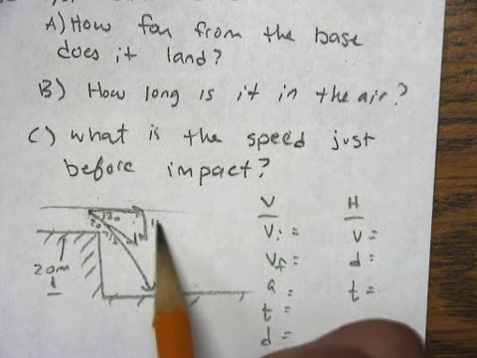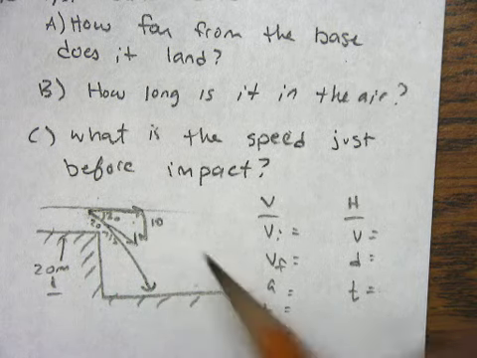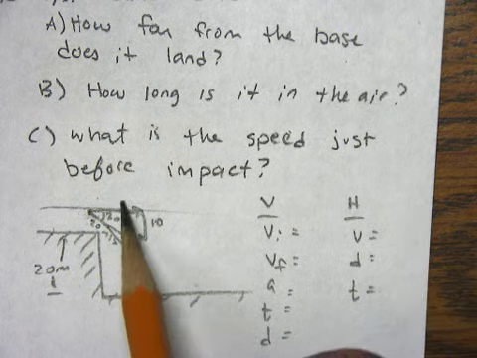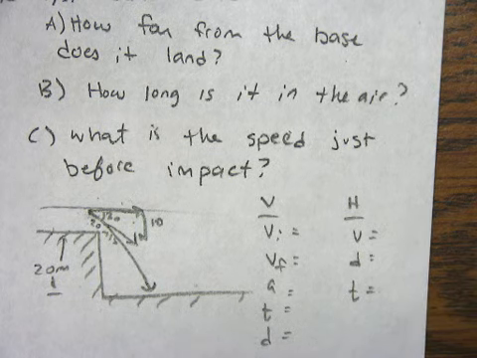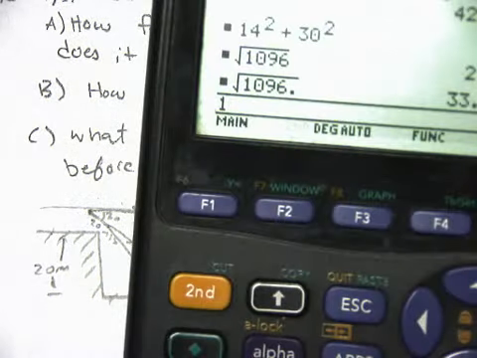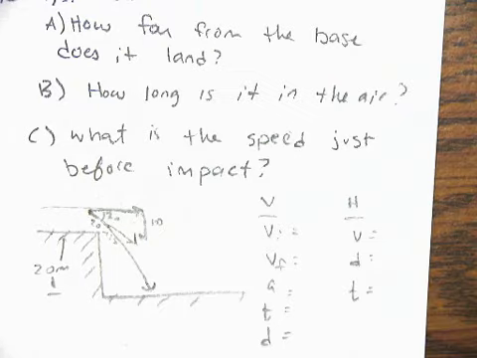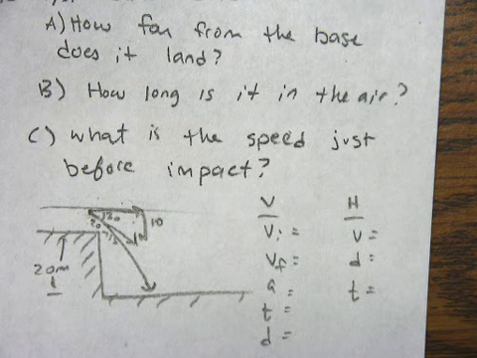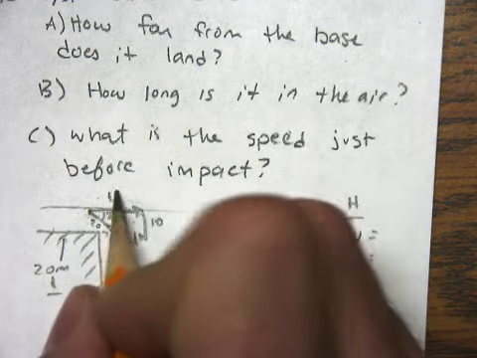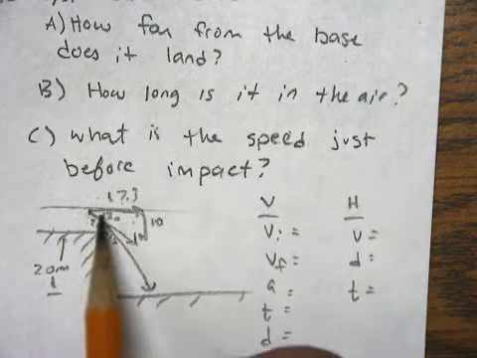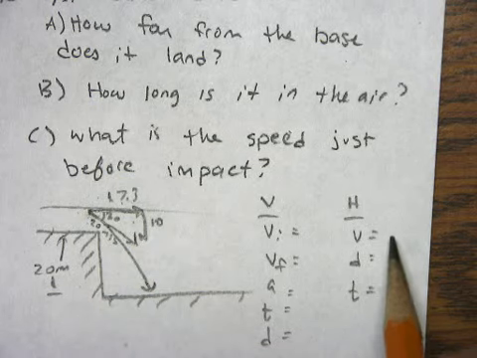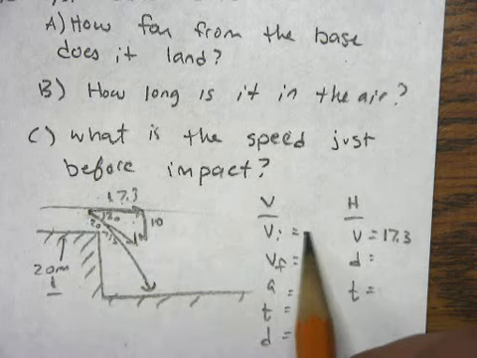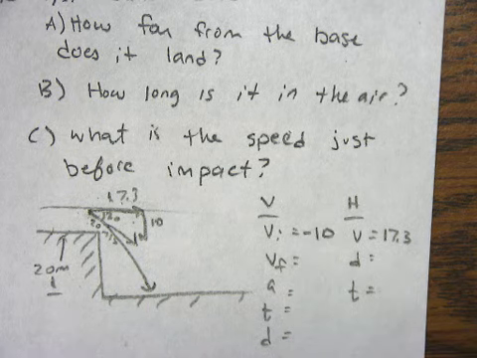This is going to be 10 because it's a 30-60-90 triangle, and this is going to be 10 root 3. So the horizontal velocity is 17.3. The vertical velocity is negative 10.